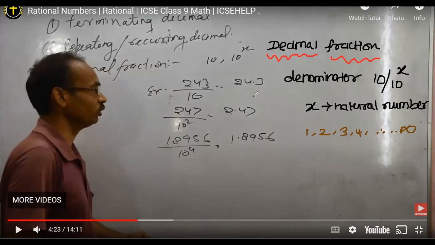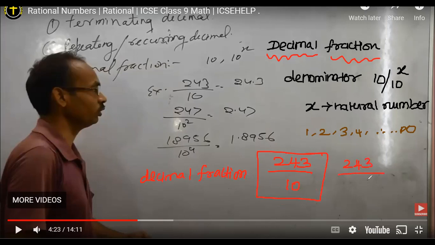So the meaning is, in case you are taking this as the fraction, like for example, 243 divided by 10, you can call this fraction a decimal fraction. Why can we call this a decimal fraction? Because the denominator is 10.